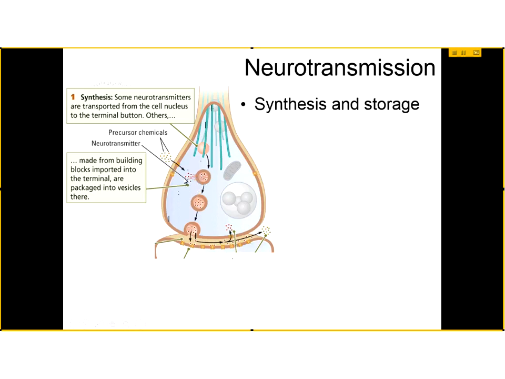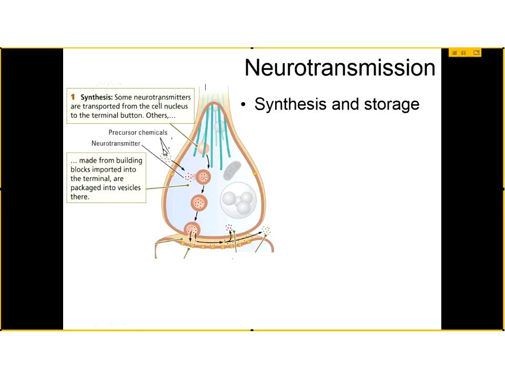Other neurotransmitters are actually made on site from chemicals that are local around the synapses. So they're absorbed and synthesized, and then they have to be packaged up locally here in the synapse. If you don't package them up, there are a lot of enzymes present inside of the synapse that can break down those neurotransmitters. So it's important to keep everything packaged so you can have a controlled release of the neurotransmitter when it's required.